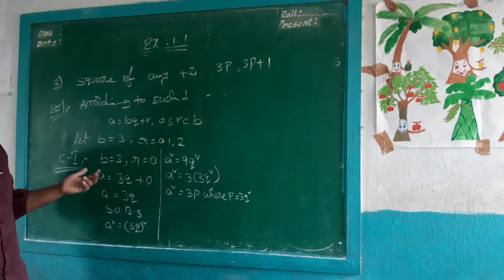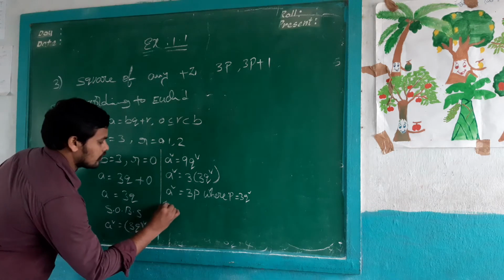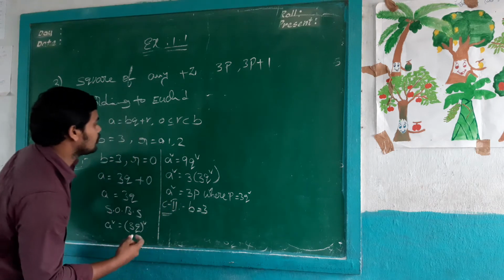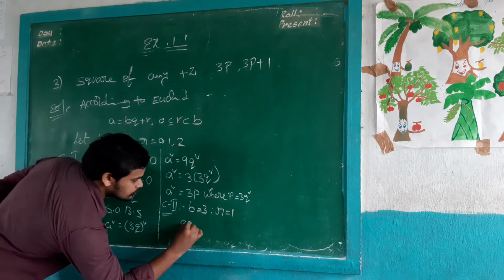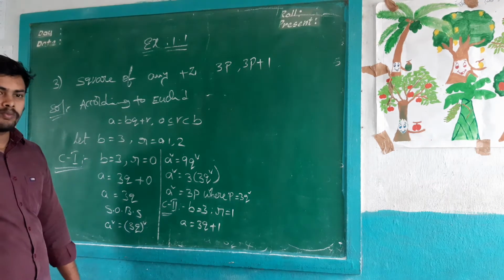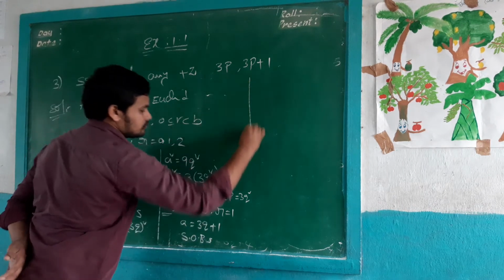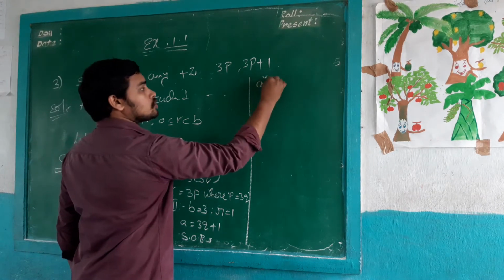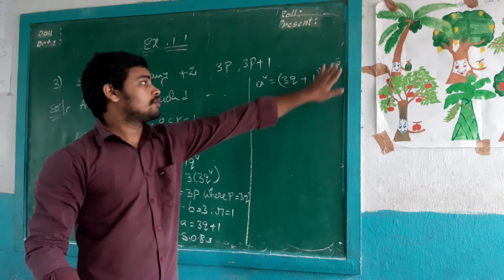So second case, case 2: b equals 3, r equals 1, a equals 3q plus 1. Again squaring on both sides. a square equals 3q plus 1 whole square.